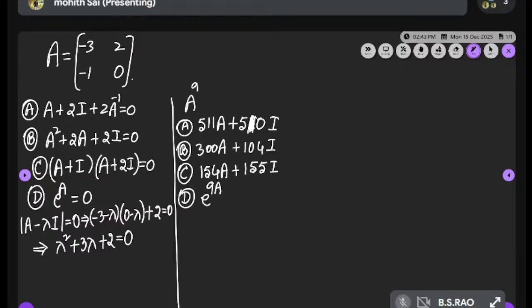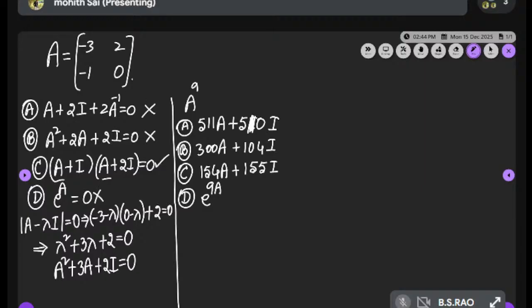So what can you say? By Cayley-Hamilton theorem, A square plus 3A plus 2I equal to 0. Which one satisfies this?